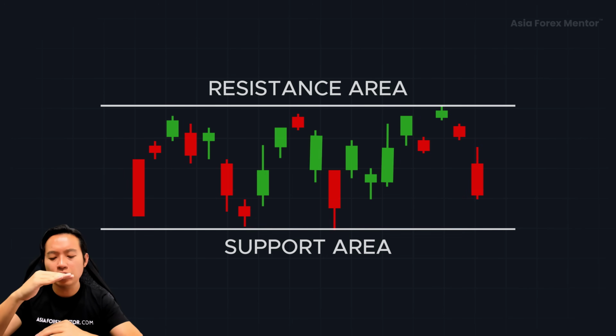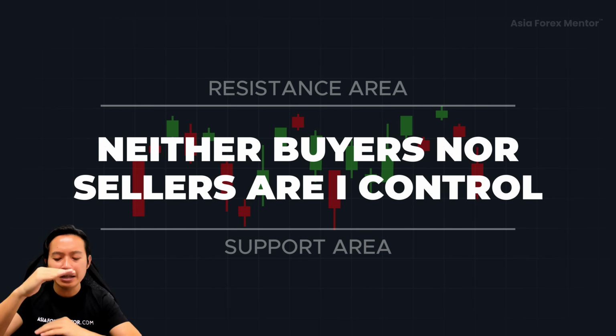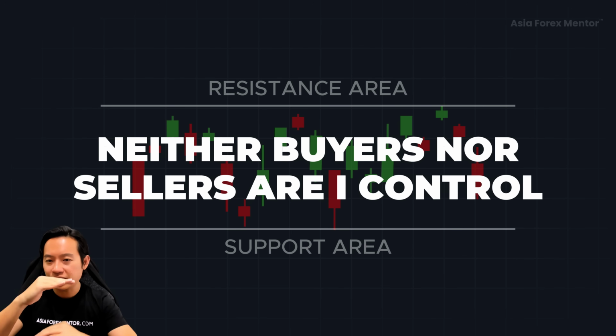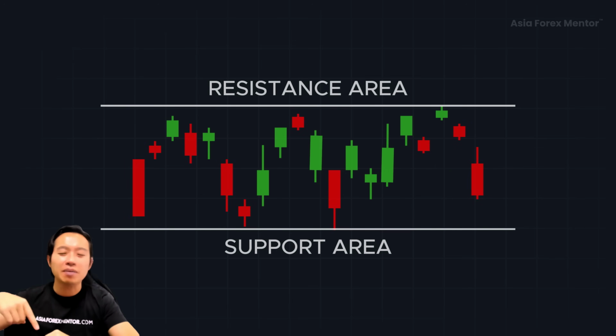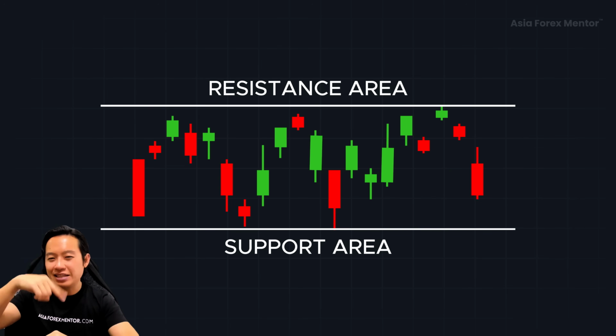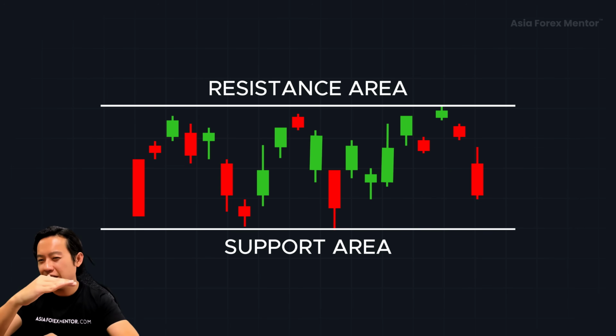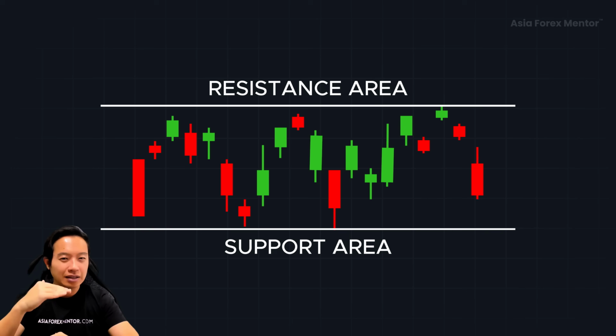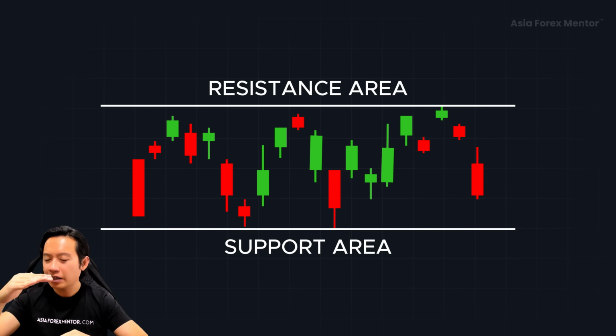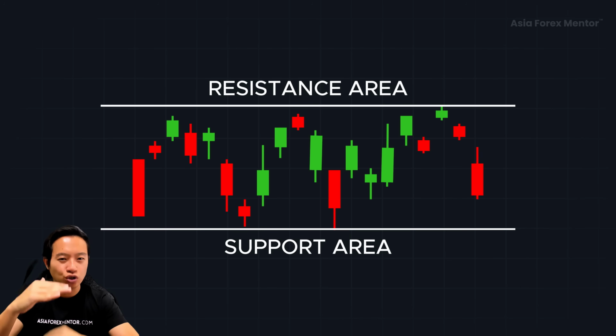It means that neither the buyers nor sellers are in control at this moment. It's like the market is indecisive. It's gathering momentum, but you cannot really decide yet until the buyer or the seller takes control. But right now, neither of them are in control.